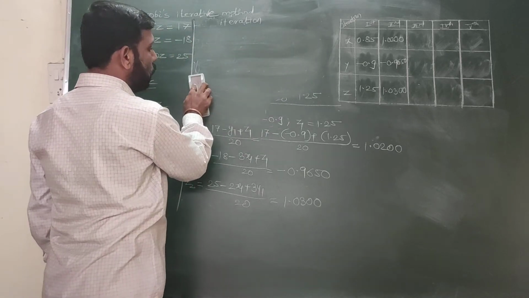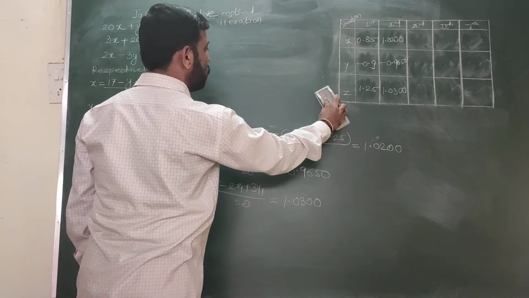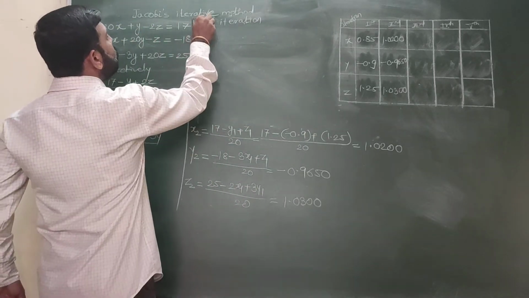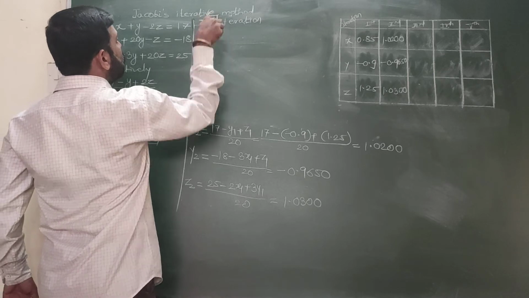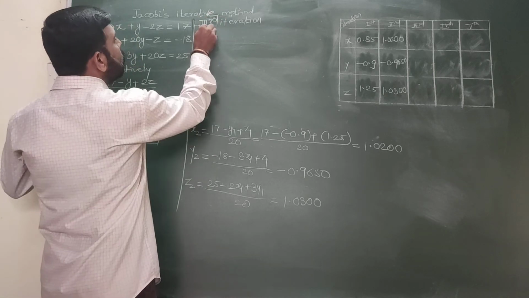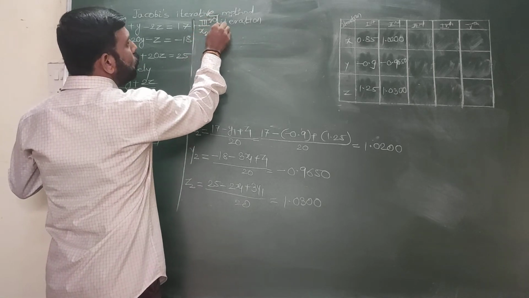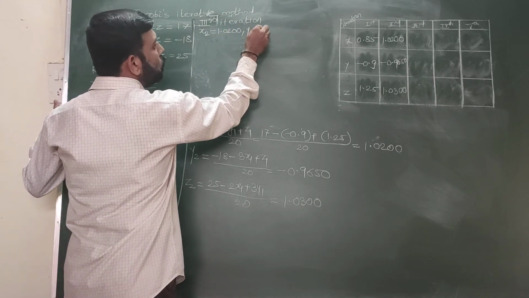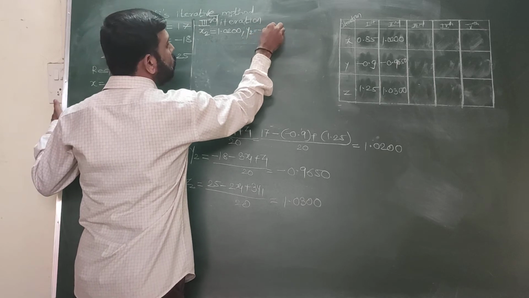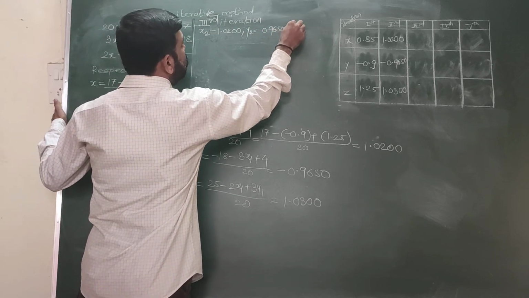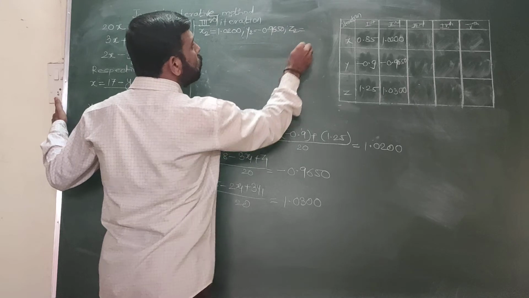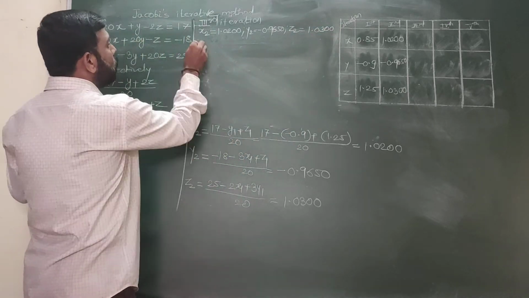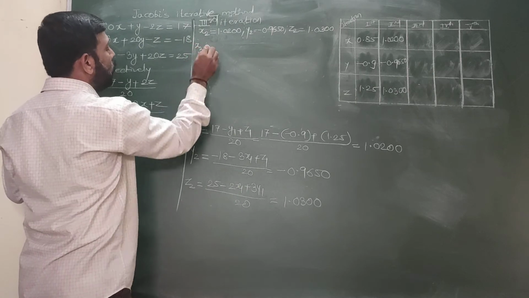Now we'll calculate the third approximation, x3. In the third approximation, we have to fix x2, y2, z2, then we calculate the third approximation.